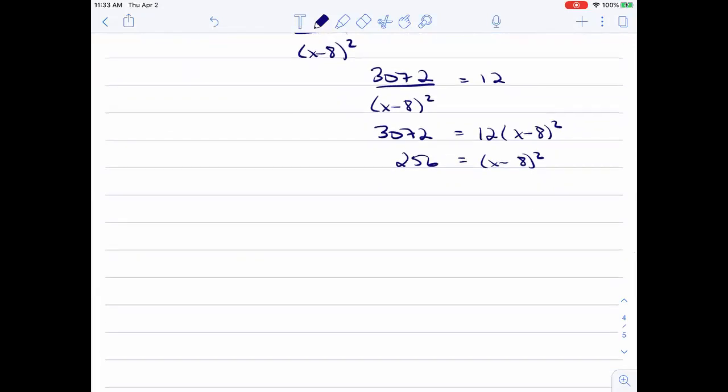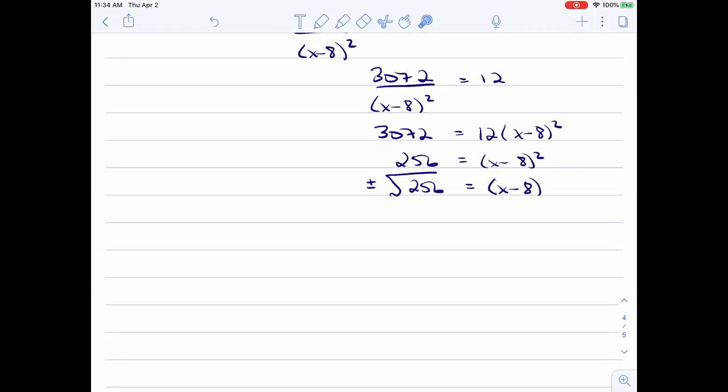If I take the square root of both sides, then I get the square root of 256 must be x minus 8. But if I take the square root, it's the plus or minus square root, because if I take it back and I square it, then both the positive and the negative would work and give me 256.